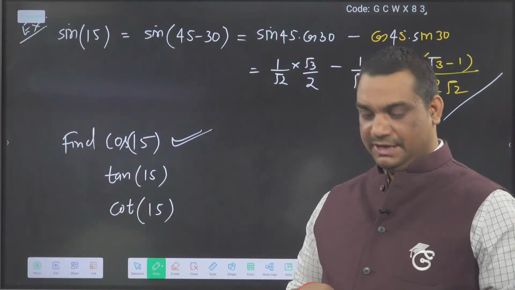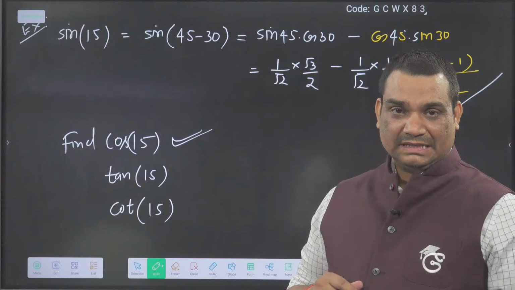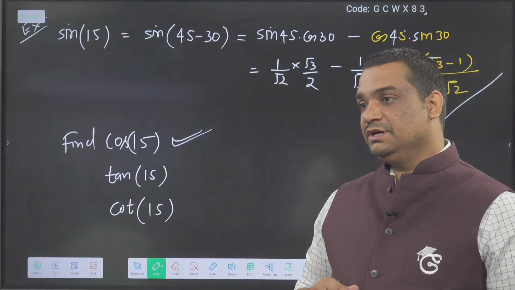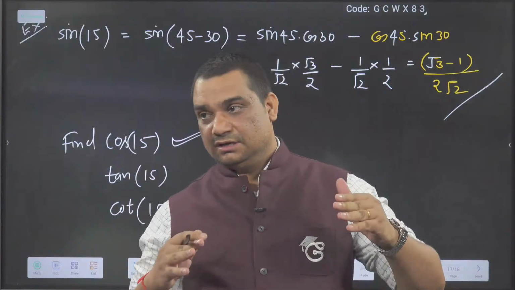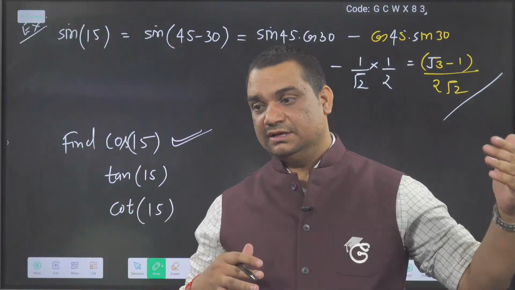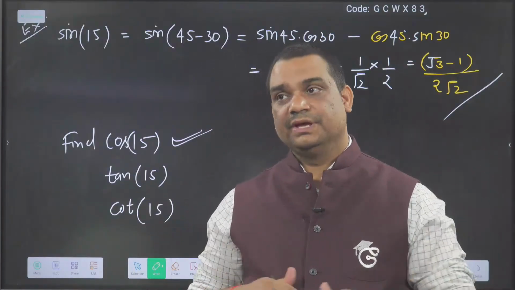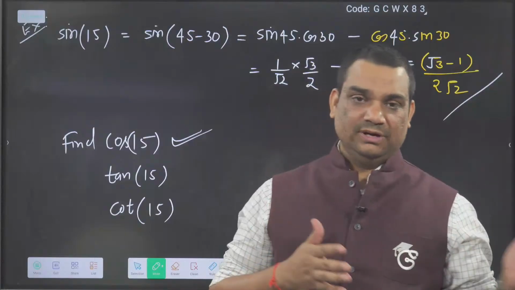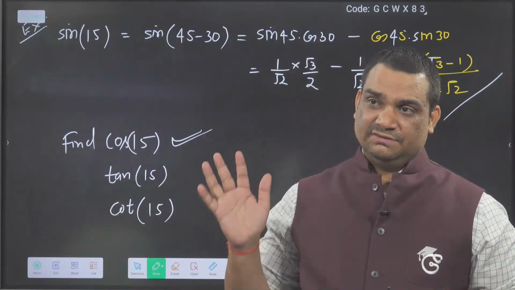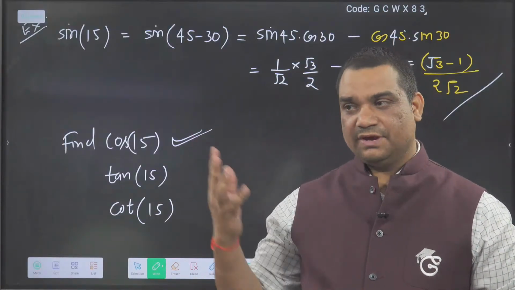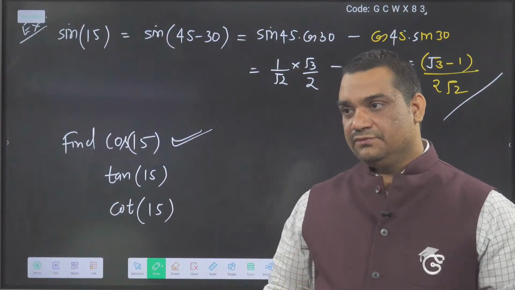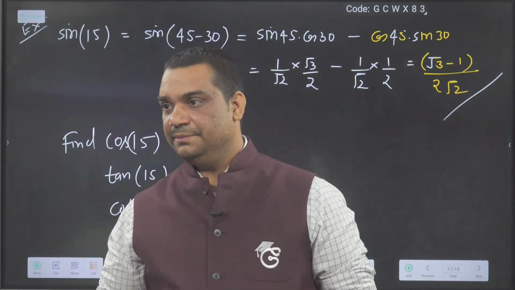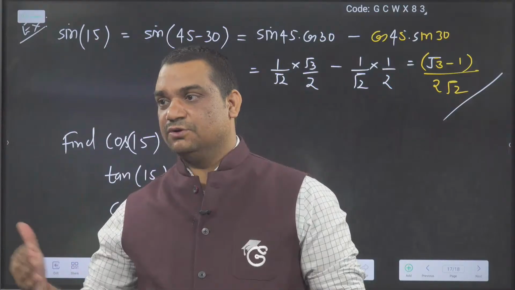What we have learned today: first, interconversion, sine theta can be converted to cos theta, tan theta, sec theta, which we will use. Then we got values up to 90, like 75 and 15. If any data comes, we will find it this way. Other things will continue in the next class.